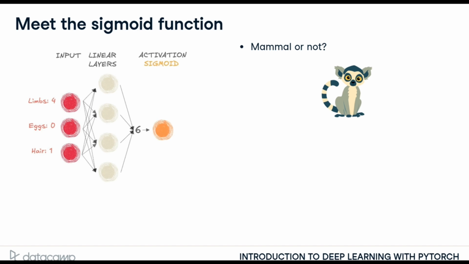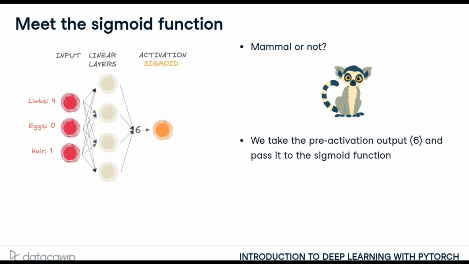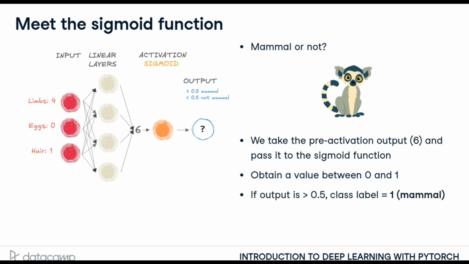We pass the number 6 through the sigmoid function, transforming it into a range representing probability between 0 and 1. We are now ready to perform a binary classification. If the output is closer to 1 or greater than 0.5, we label it as class 1, mammal.